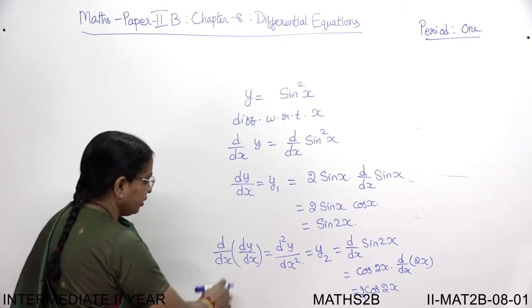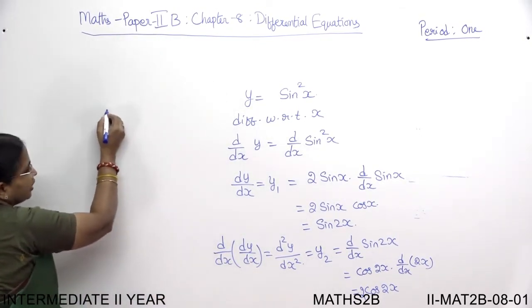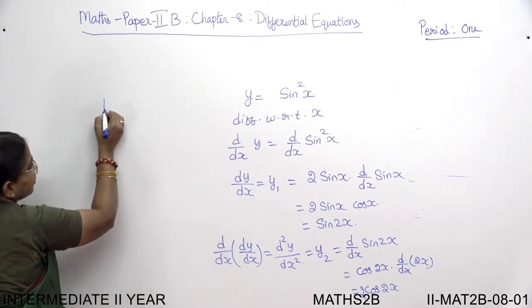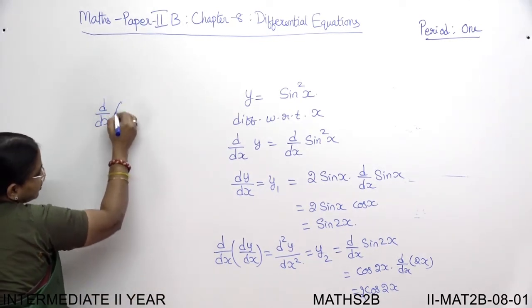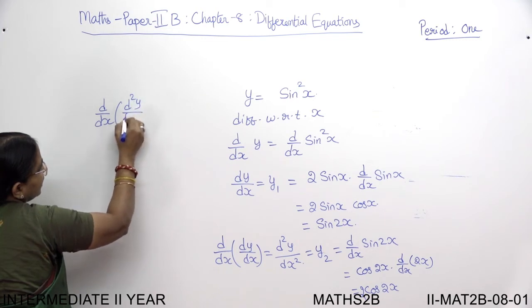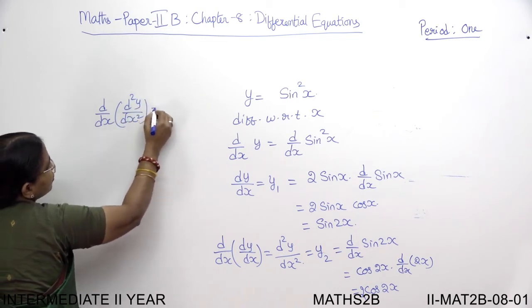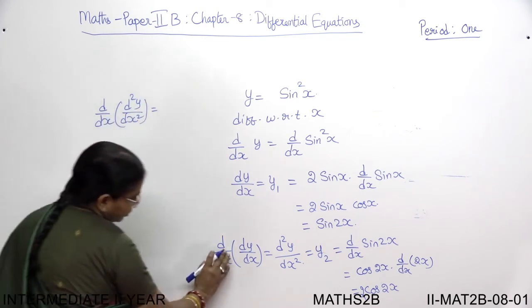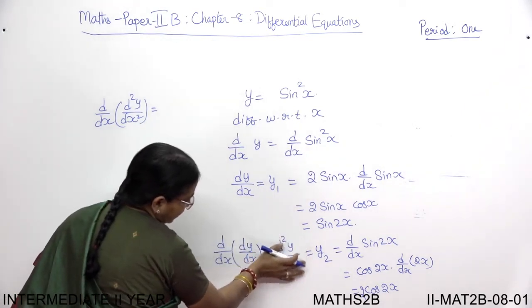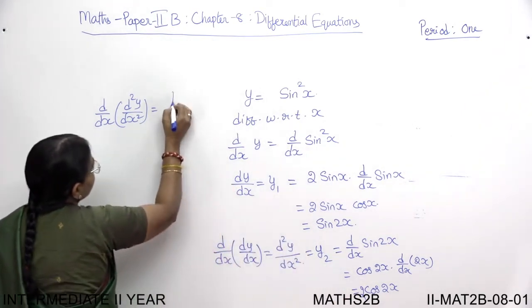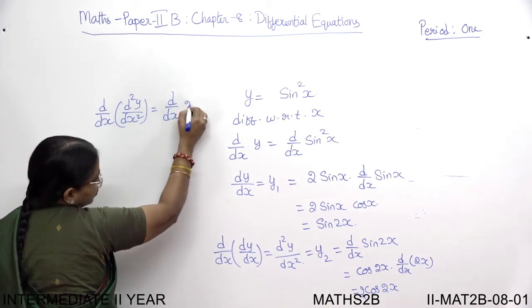Again, if you differentiate with respect to x, it is d by dx of d square y by dx square. That is d by dx of 2 cos 2x.